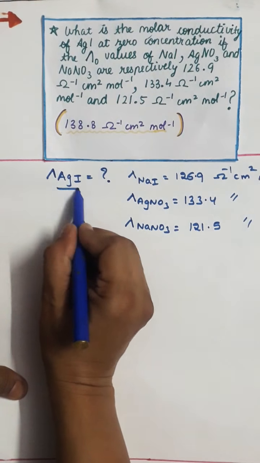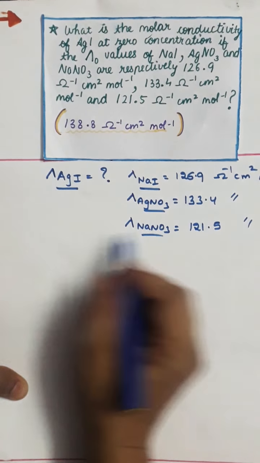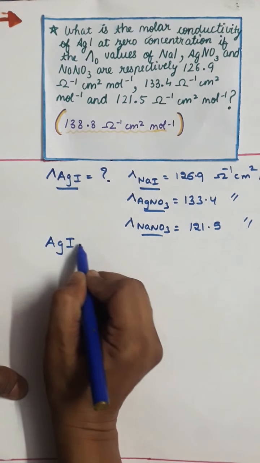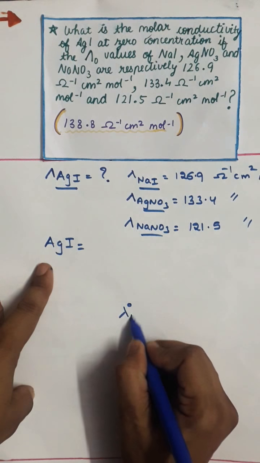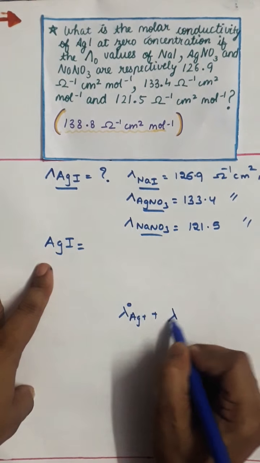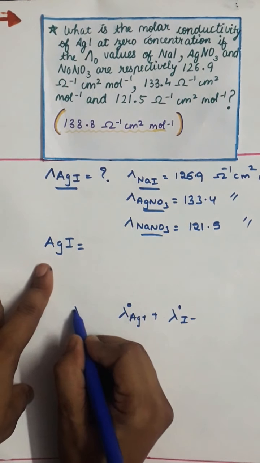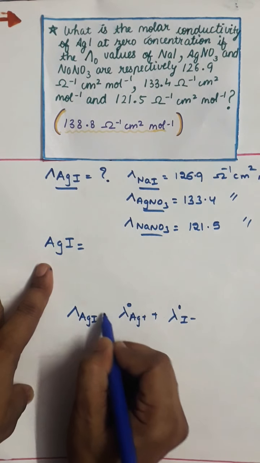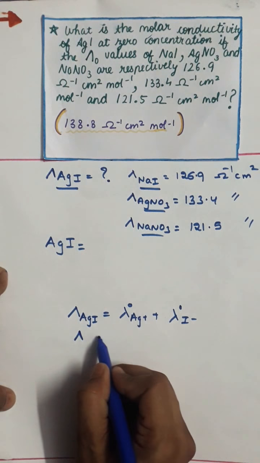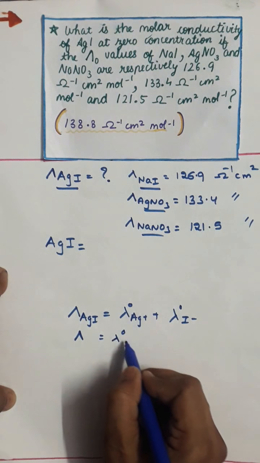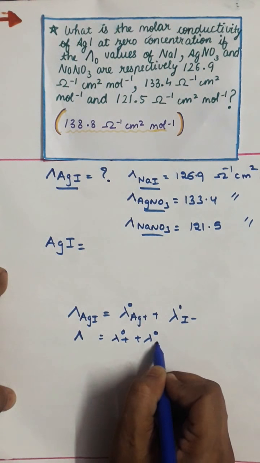If you look at the electrolytes, you have to arrange them in such a way that at the end you get lambda Ag plus and lambda I minus. That would be the molar conductivity of AgI. So you have to make sure that you are getting lambda cation plus lambda anion.